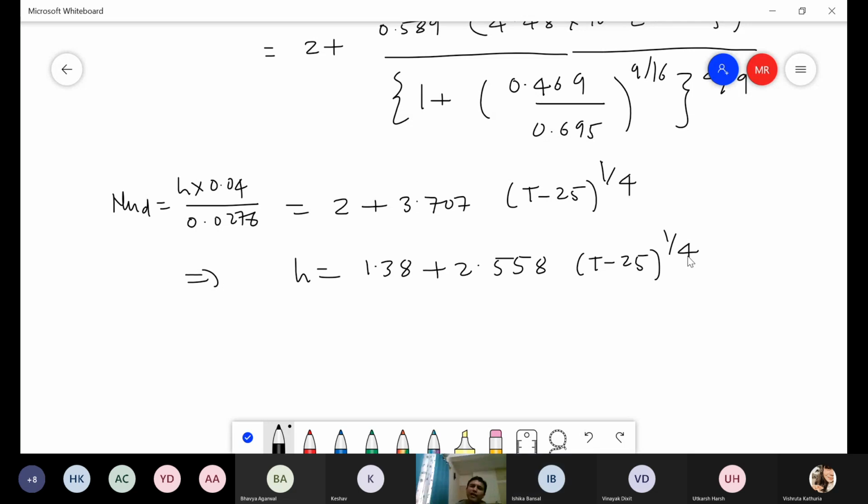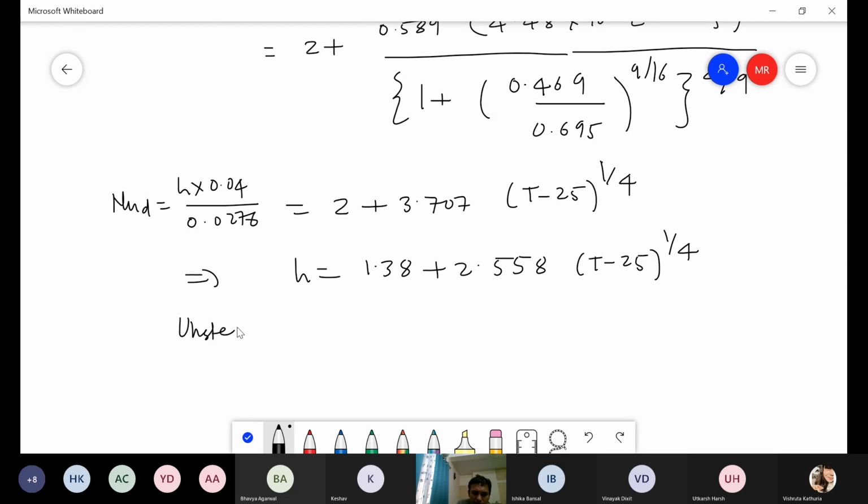Now we can make a balance. So in this case, remember, whatever is the heat lost by the sphere, that should be the heat transferred by natural convection to the ambient, isn't it? So we can write down an unsteady state heat balance.